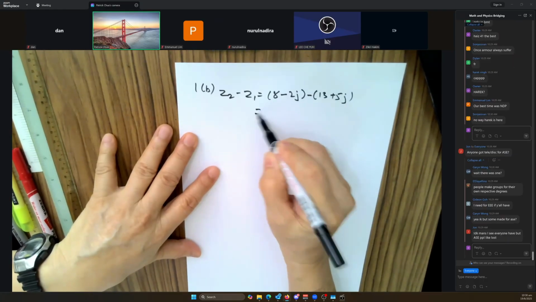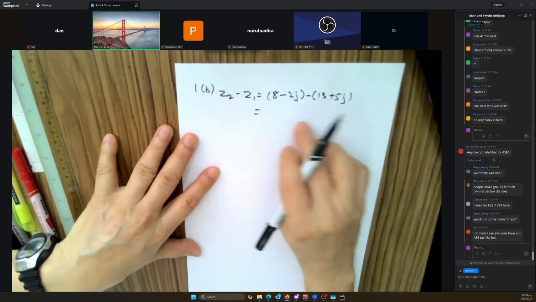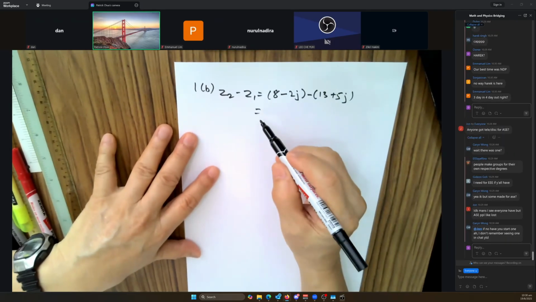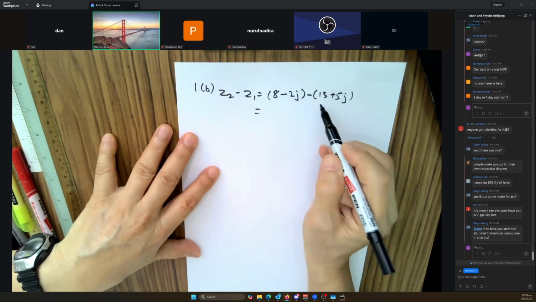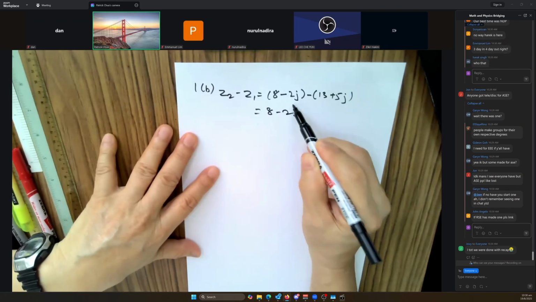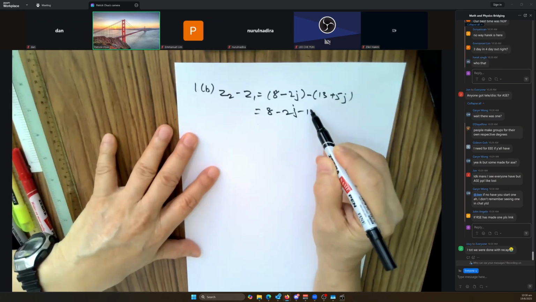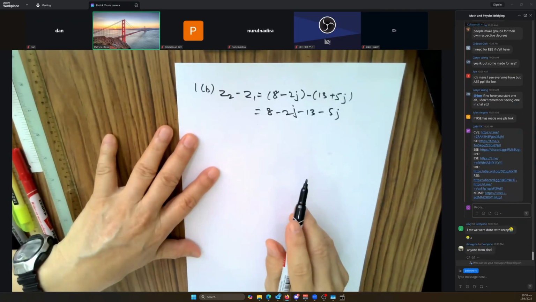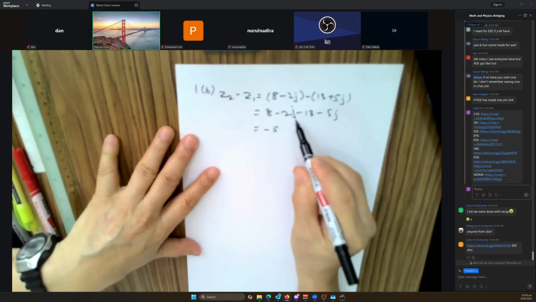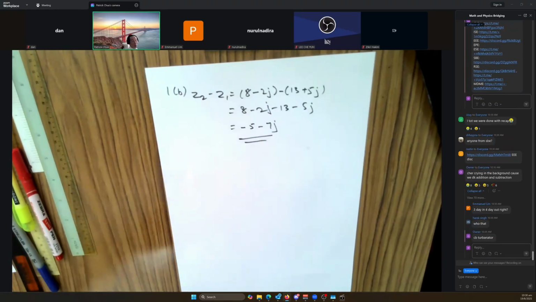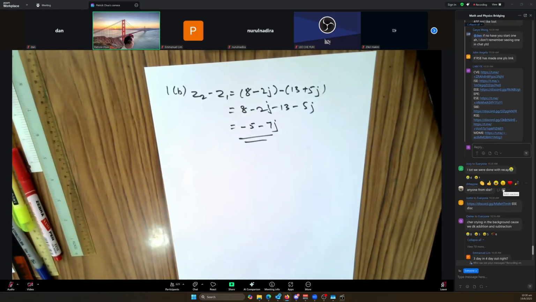The best way is to remove all the brackets: 8 minus 2j minus 13 minus 5j. Remove all the brackets and just add them up. 8 minus 13, minus 5, minus 2j minus 5j, minus 7j. That'll be the easiest.